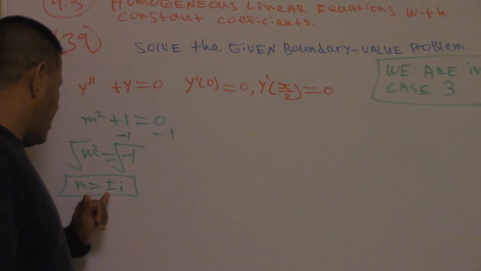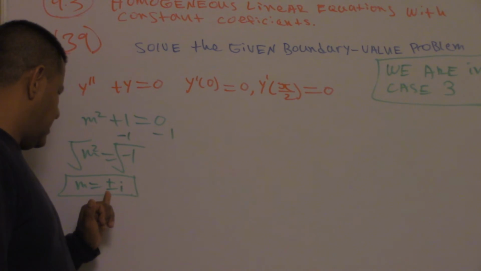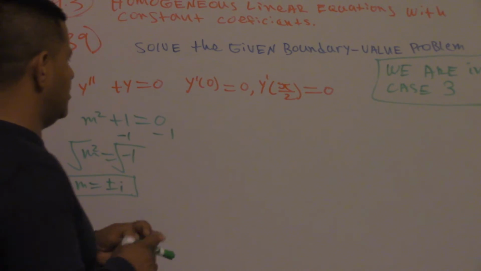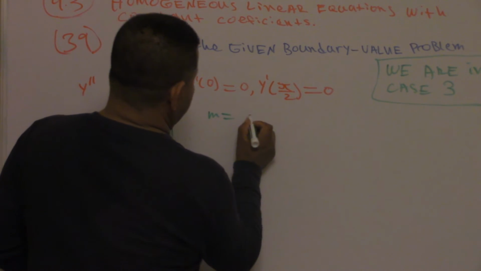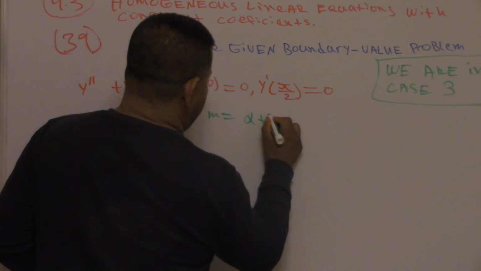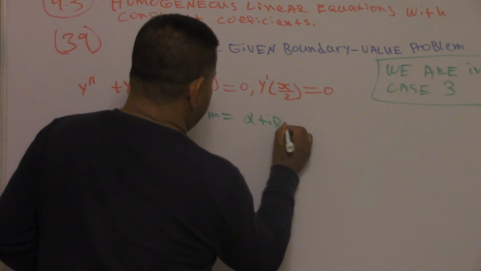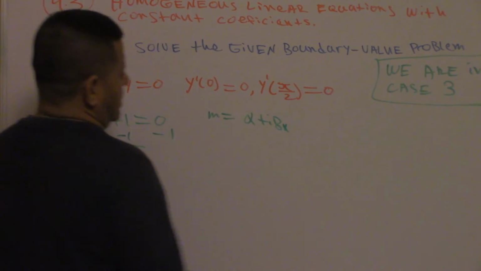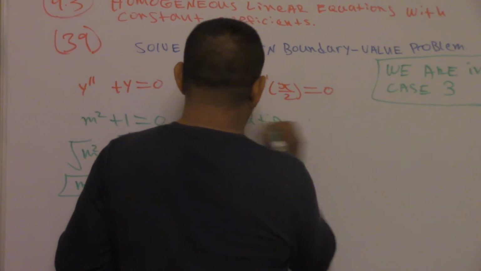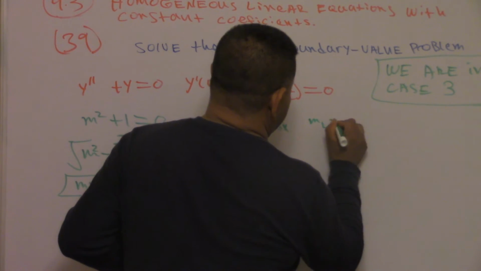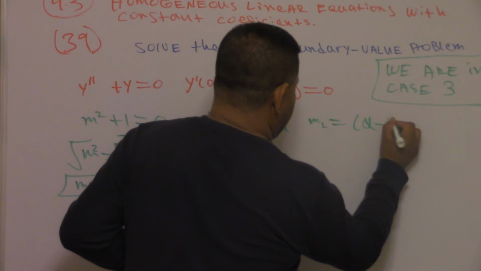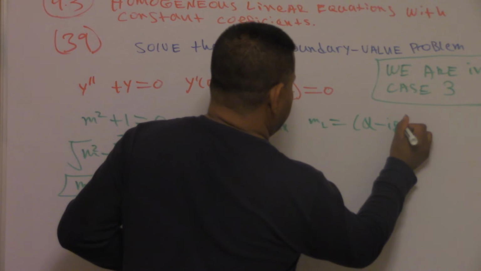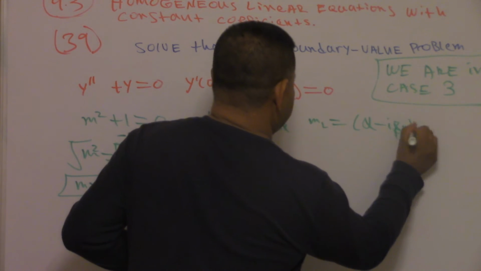What I found right here is the root, which is a complex root. m1 and m2 were supposed to be equal to alpha plus i beta x and alpha minus i beta x.